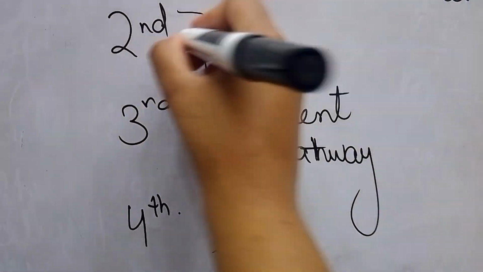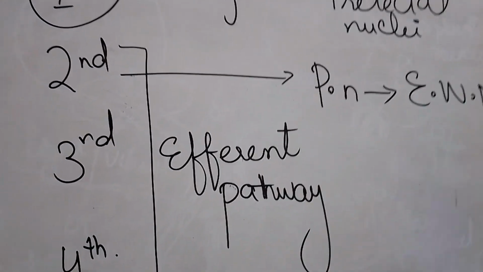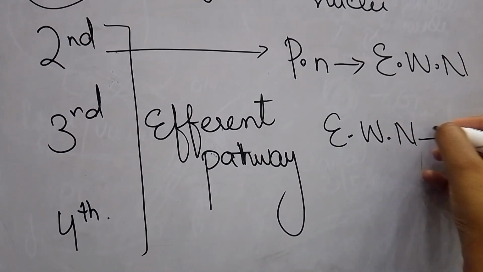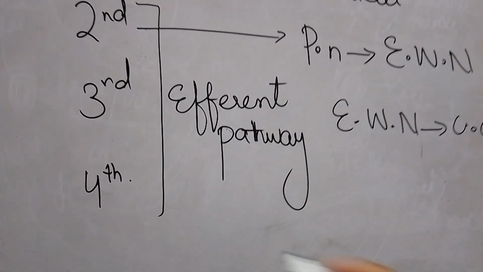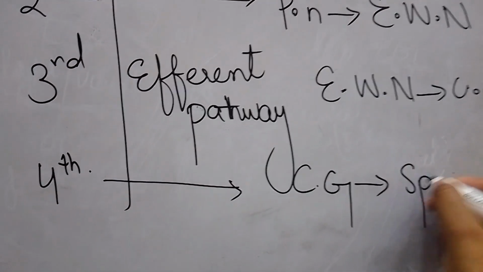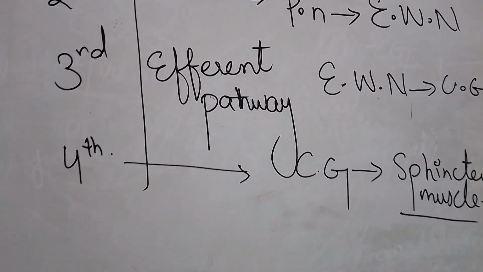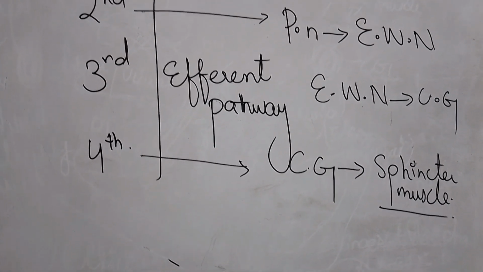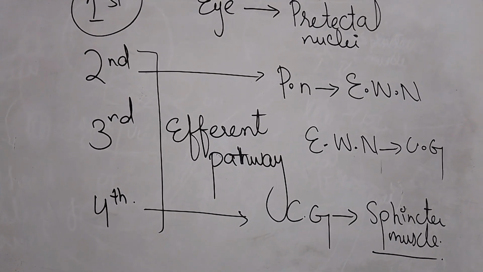The second order neuron is from the pretectal nuclei towards the Edinger-Westphal nuclei, and from the Edinger-Westphal nuclei the information is sent to the ciliary ganglia, and from the ciliary ganglion the fourth order neuron sends the information to the sphincter muscle of the iris, which gives the order to constrict.